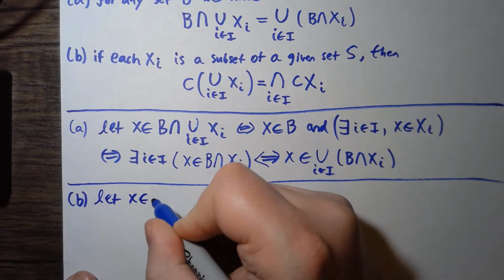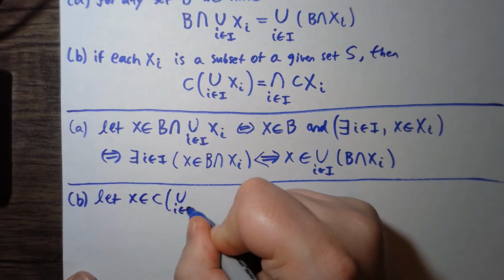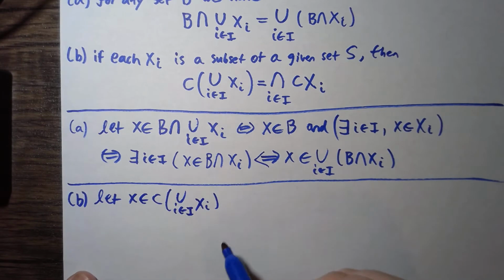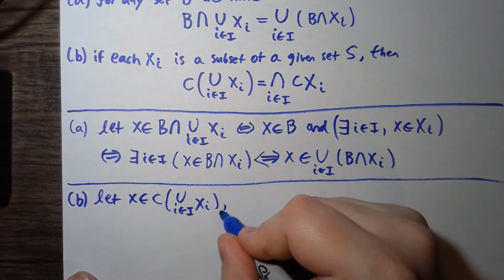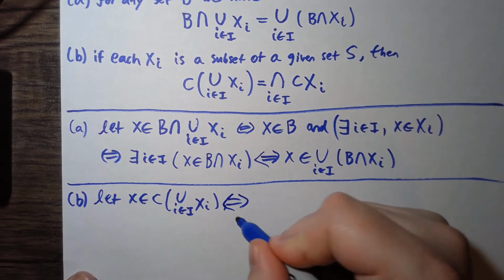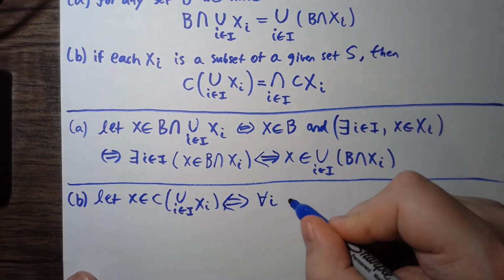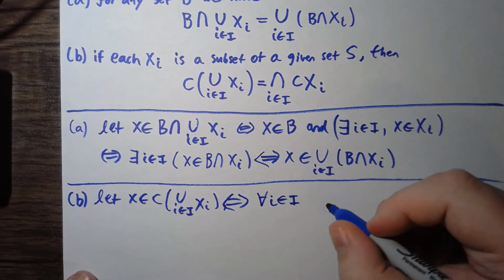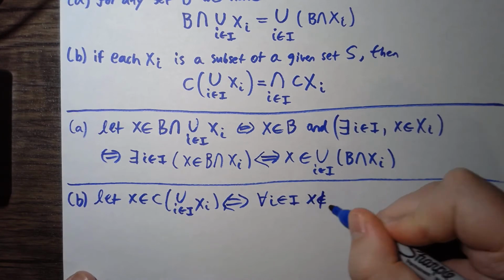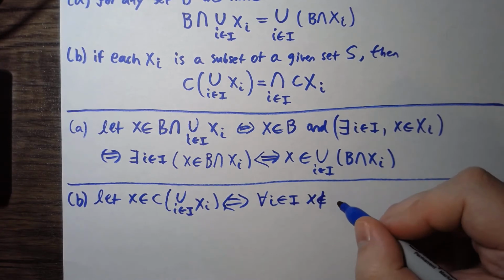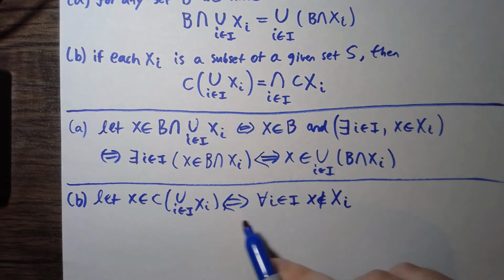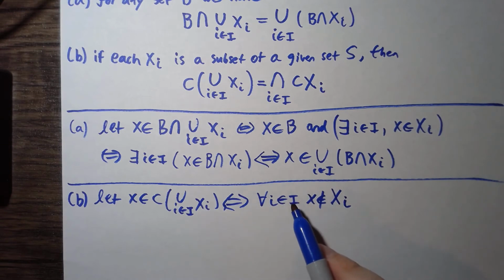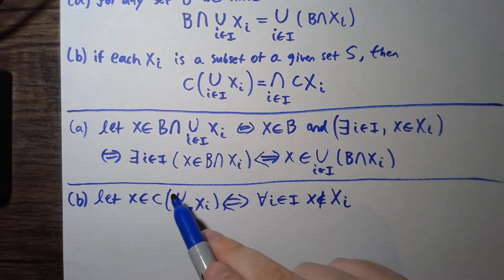So if x is in the complement of the union of all of these guys, what does that mean? This is true if and only if for every i in I, x is not in x sub i. Because if there were such an i, then x would be in this union, but we know x is in the complement.